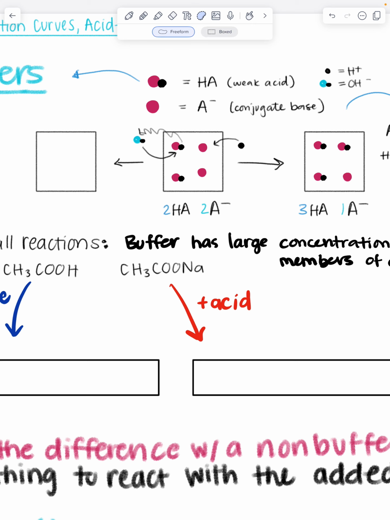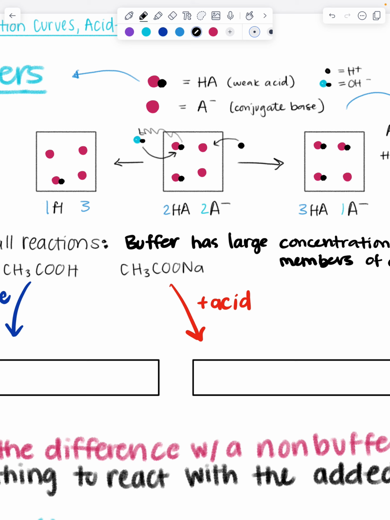So now in solution, I'm going to have three conjugate bases and 1 weak acid. And again, there are no hydroxide ions floating around in solution. The hydroxide ions floating around in solution are what would drastically change the pH. But because they can react with the weak acid, there's only going to be a very slight change in pH. So that's where you get this idea of it resisting pH change. So now I just have 1 weak acid and 3 conjugate base.